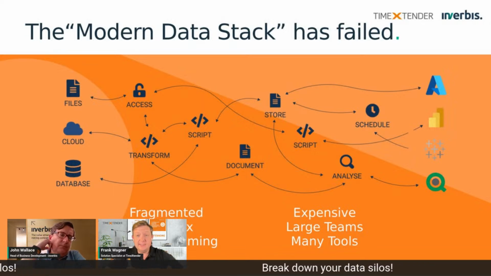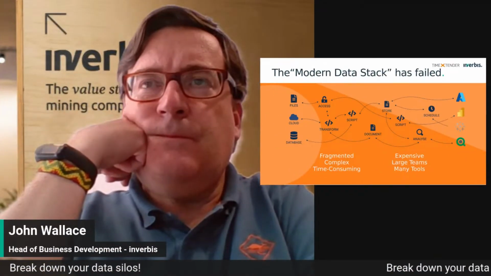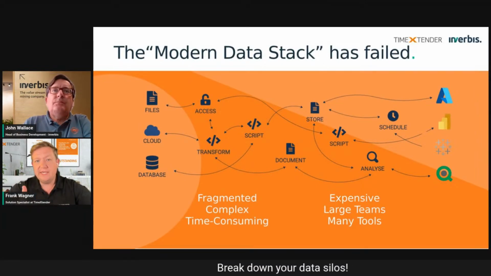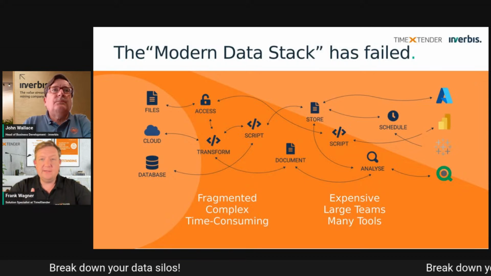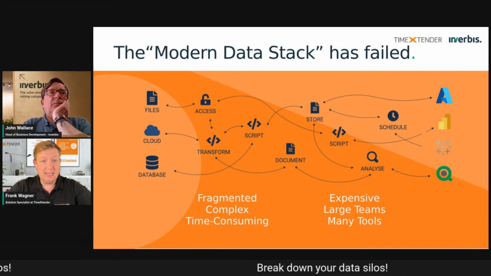So exactly this is what we're looking at when we try to do what John was speaking about in reality, right? So you have your different systems which contain parts of your data, but to bring it all together, you end up building out those what I call spaghetti monster pipelines, right?